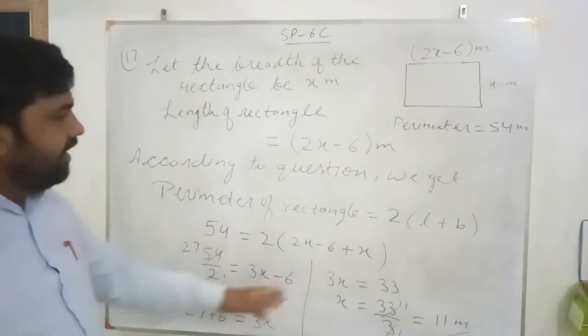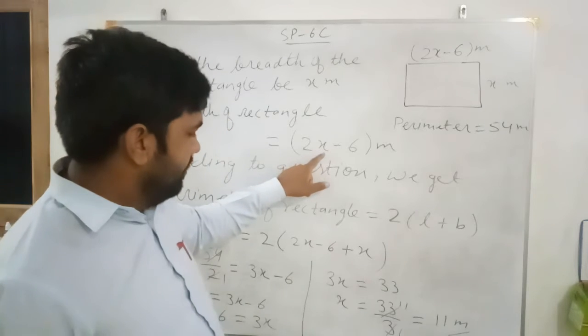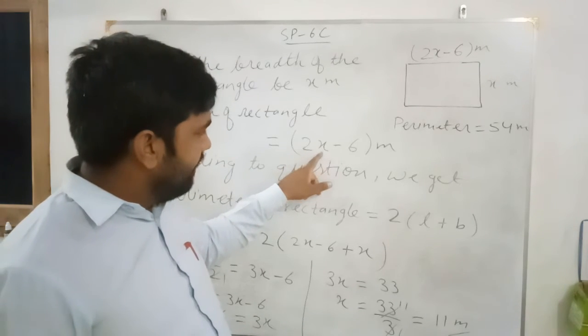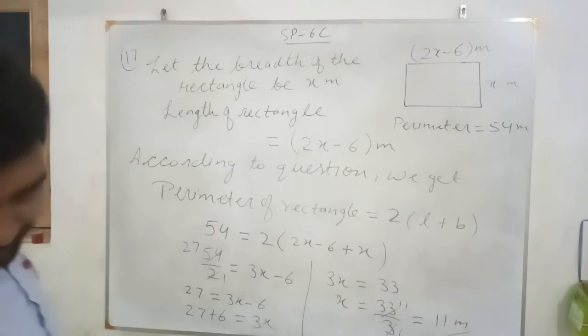Now we will get the length by substituting the value of x in the length expression. So what we got? 2 into 11, 22. 2 elevens are 22, minus 6. So 22 minus 6 gives you 16.